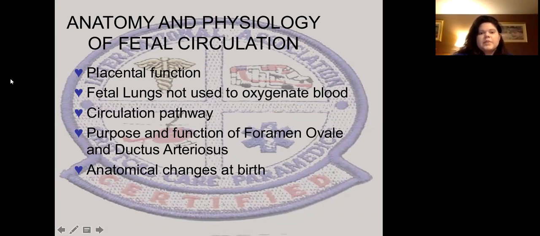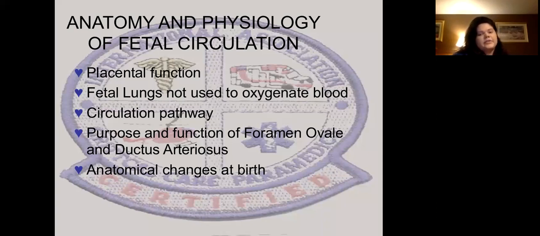So A&P of fetal circulation, basically this is talking about in utero. The mom and baby are going to be sharing a lot of the blood. So anything the mom does, whatever she's taking into her system, it's going to get to the baby. The fetal lungs are not used to oxygenate blood yet.